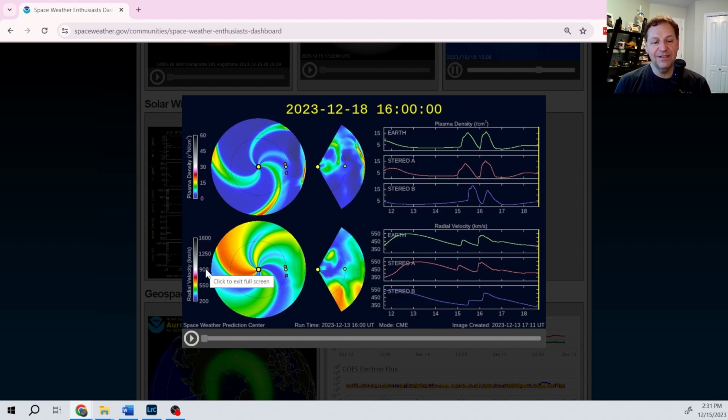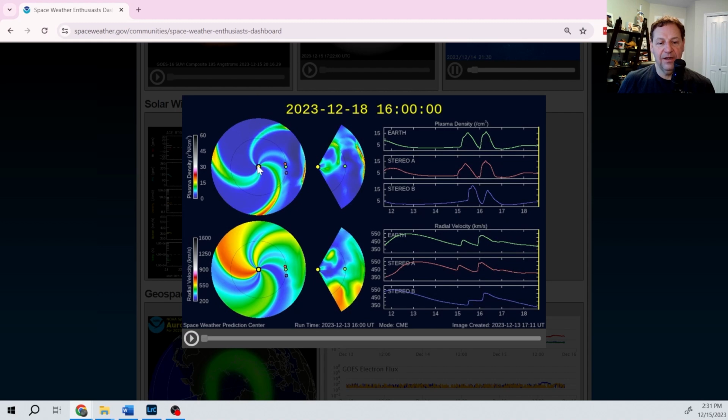So what this is, is the NOAA model of the solar wind coming out from the sun. The top one is density, so how many particles are in there, and the bottom is velocity, so how fast it's flowing.